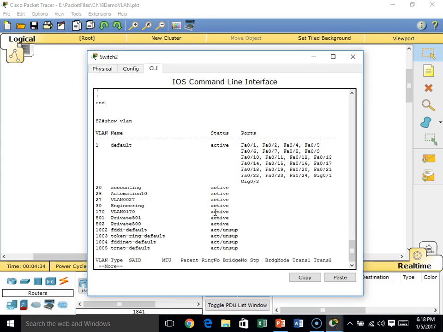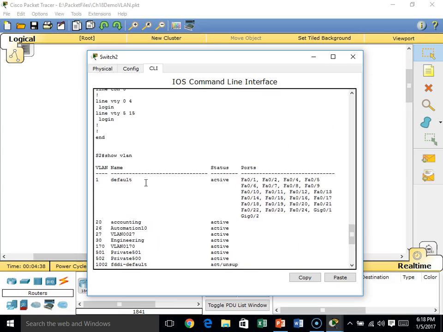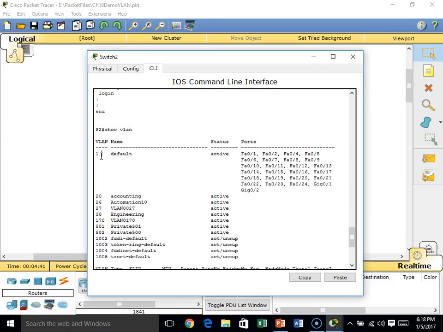The way we can fix that is, oh, am I going too fast? Okay, we got VLAN 1, which is the default. Everything by default starts out on VLAN 1. Okay? I'm blind. You should have told me that was that far out of focus.